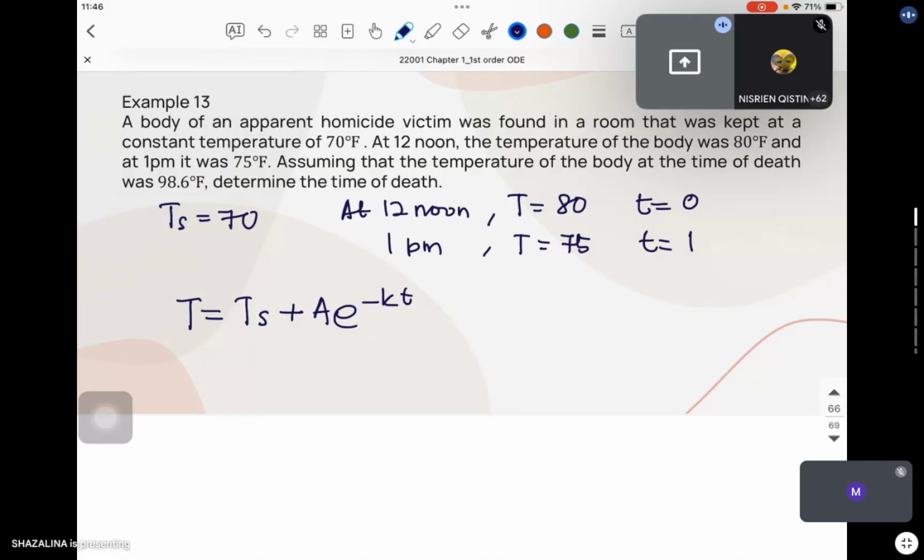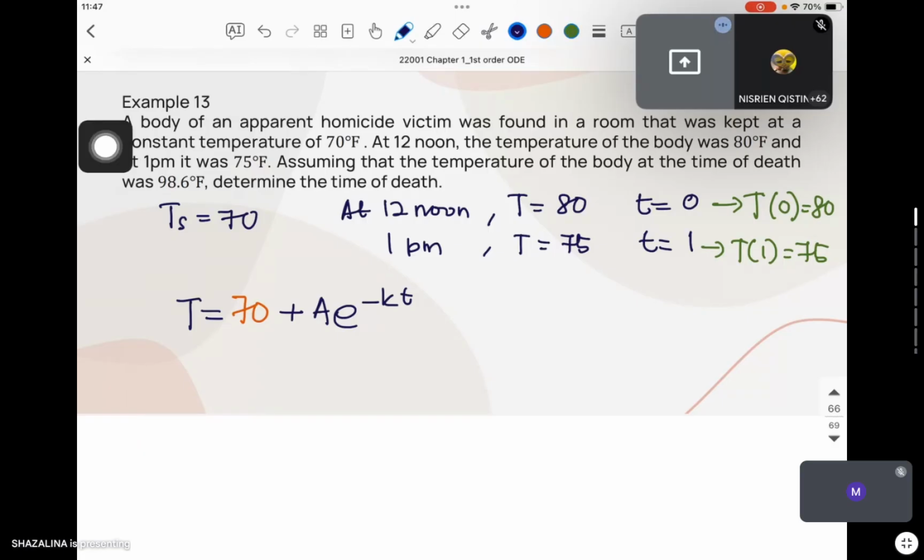First, substitute our Ts. Ts kat sini adalah 70. Then consider the conditions. This is the first condition: T0 equals 80. Condition yang kedua: T1 equals 75.